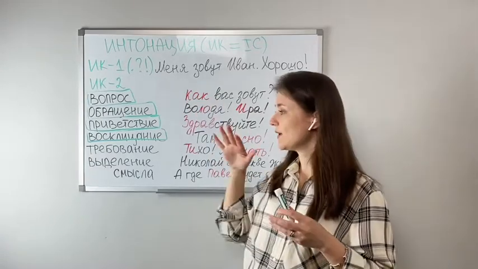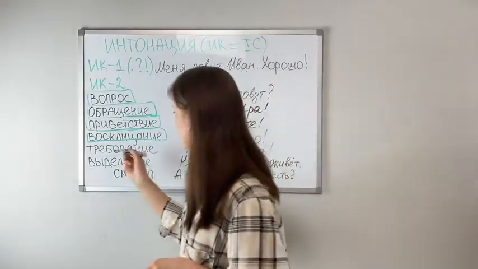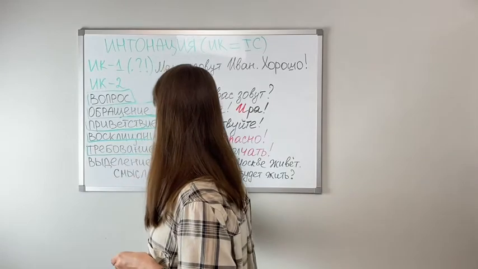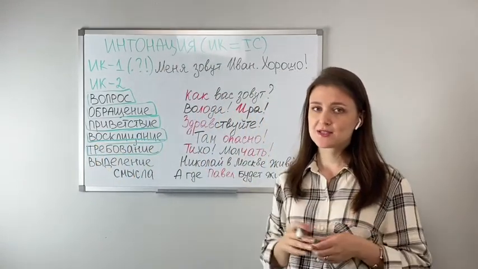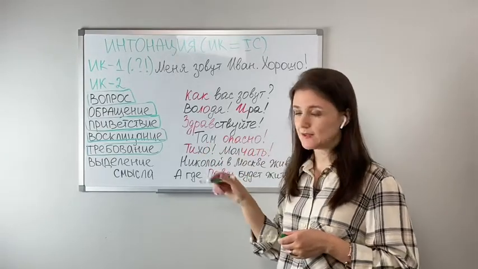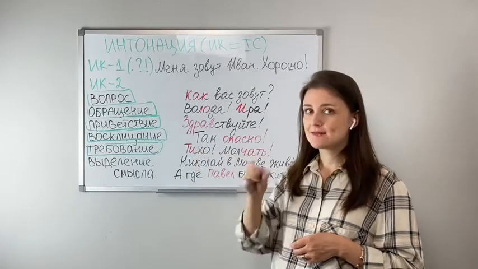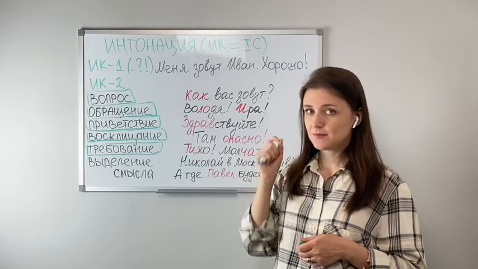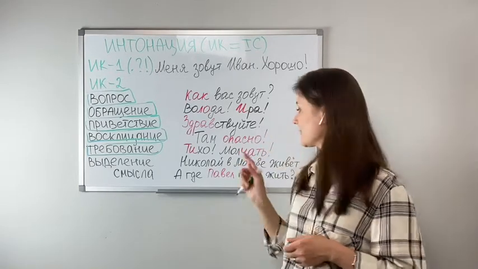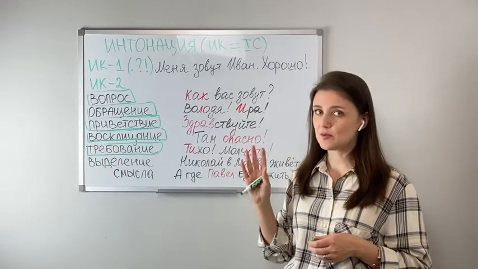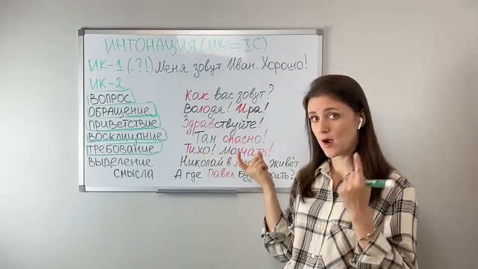Then we use this when we have a request. In Russian, требование. We use an exclamation such as тихо, молчать. Тихо, be quiet, yeah? Молчать, keep silence. So we emphasize the syllables because these are short sentences consisting of only one word.